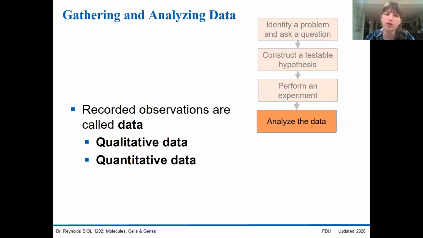Now, let's talk about what you're measuring. There are two types of data. Qualitative data is subjective. You probably think of this as things like describing color. But in truth, color can actually be a quantitative measurement where we're measuring the actual specific pixelation and various different kinds of things.